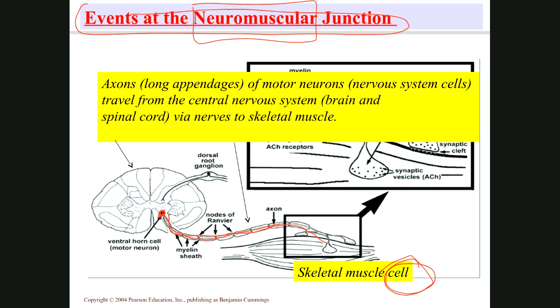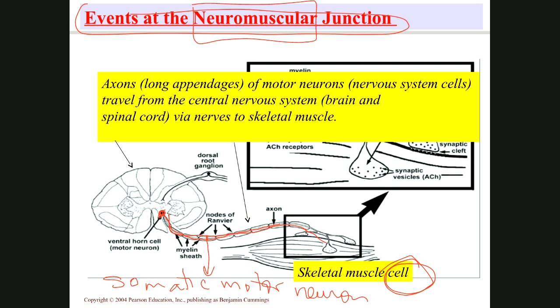So these neurons that serve skeletal muscle cells have special names, and we're going to need to know them because from now on we're going to call them by their names. The name of this neuron is a somatic motor neuron. So when you talk about a somatic motor neuron, you're being very specific.